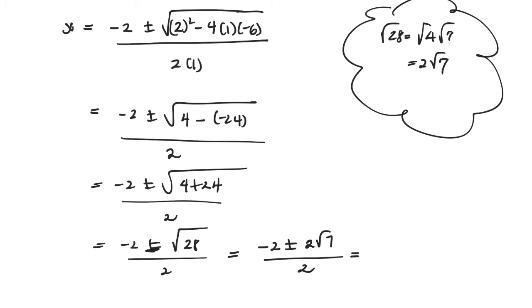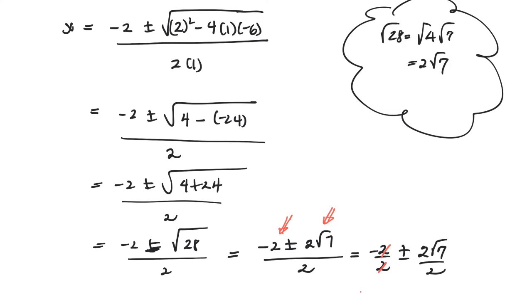Simplifying again, because all the terms are divisible by 2, the denominator is divisible by 2, negative 2 is divisible by 2, and so is 2 root 7. So when we divide each term by 2, we're left with negative 2 divided by 2, plus or minus 2 root 7 divided by 2.